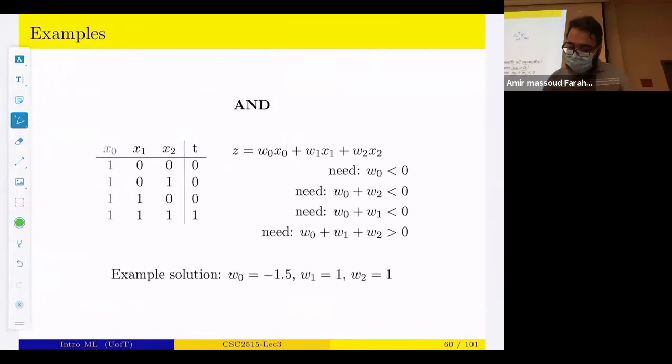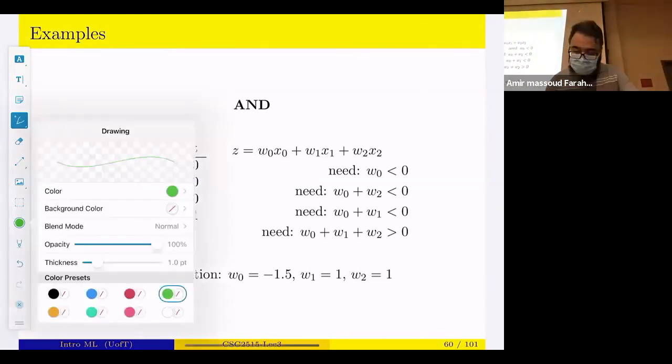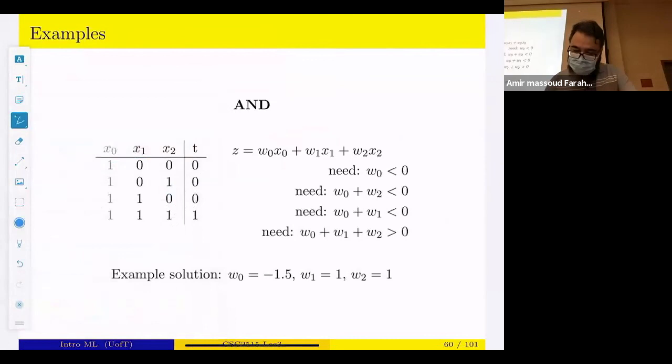So let's try another model. We want to classify AND. We have x0, which is always 1, x1 and x2. For 0, 0 it should be 0, for 0, 1 it should be 0, and the only case that it should be 1 is when both of them are 1. If we write these equations, z is equal to w0 x0 plus w1 x1 plus w2 x2.